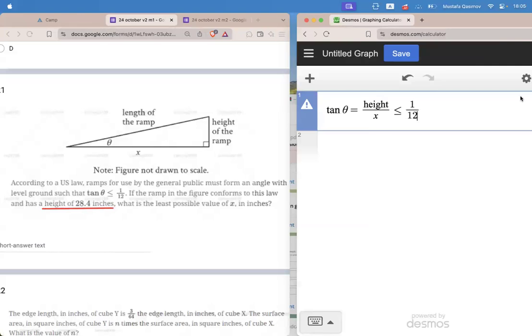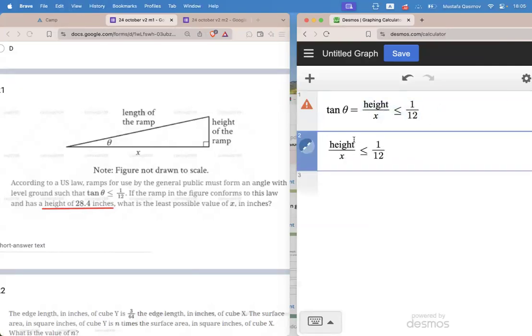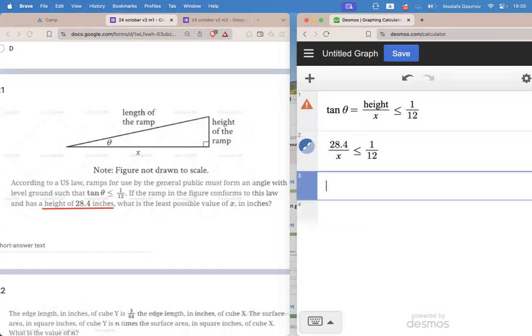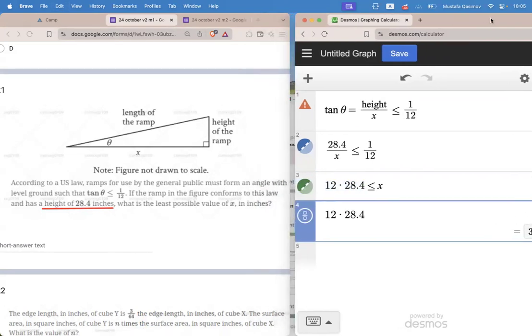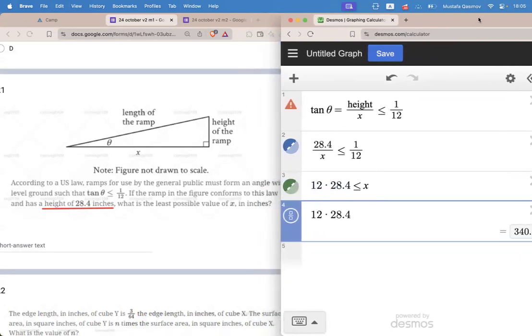Then let's look at what we will have. Height is equal to 28.4, and x must be greater than or equal to 12 multiplied by 28.4, which is equal to 340.8. So the answer is 340.8.